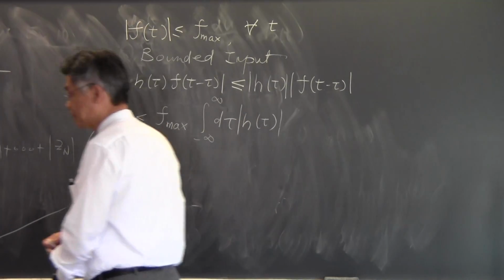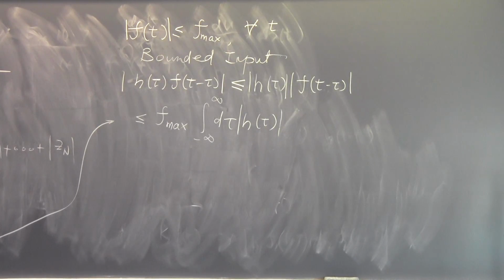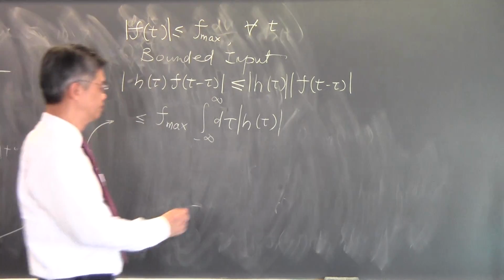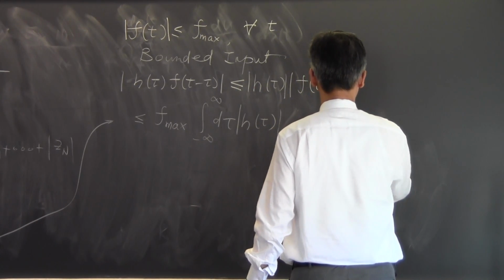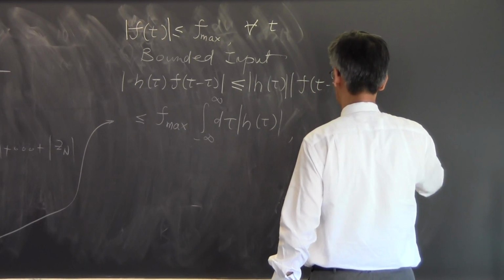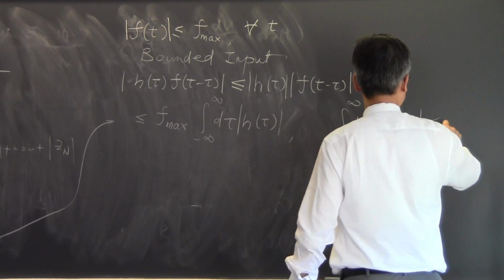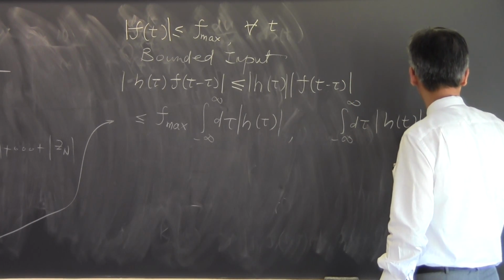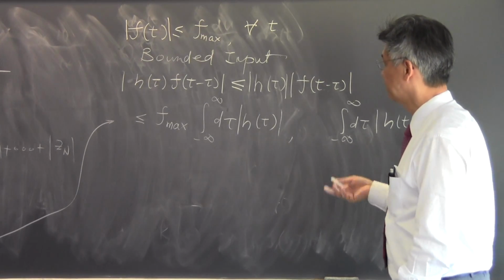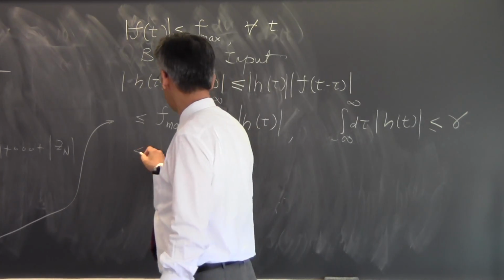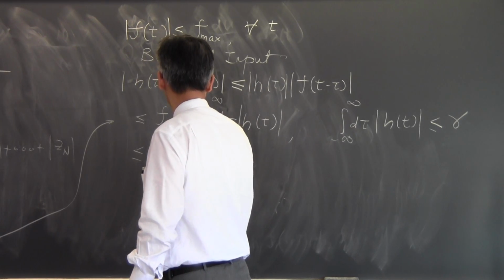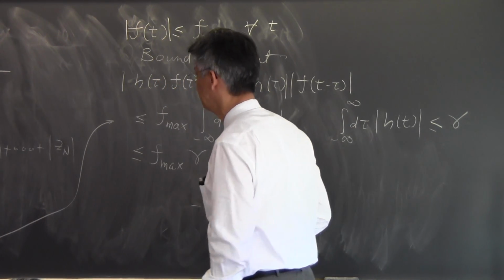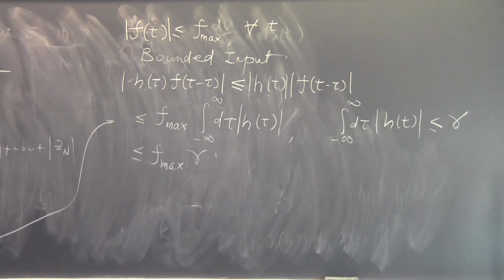And if h of tau is bounded such that this integration is bounded, if I have the property that the integral from minus infinity to infinity d tau of the magnitude of h of tau is less than or equal to a value gamma, say, then I would always have this thing less than or equal to gamma, which means that the output is bounded.